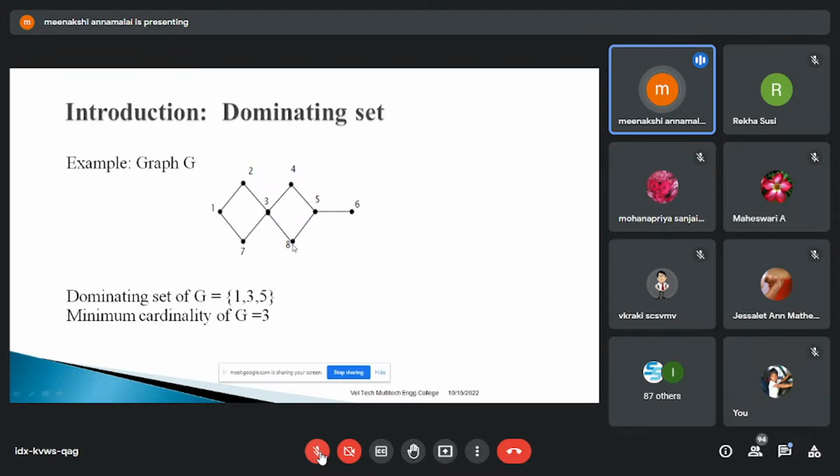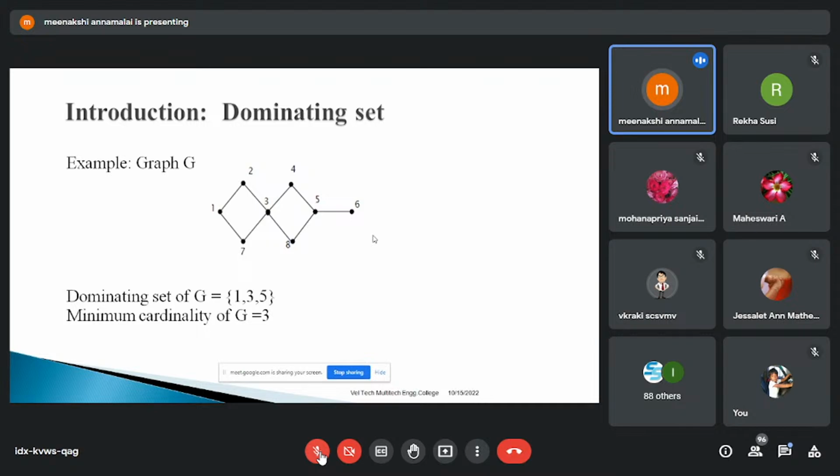Another one I can say {1, 3, 8, 6}. So we can list out more, but among these, the set which gives the minimum cardinality, that we take as the dominating set. For this one, {1, 3, 5} is the dominating set. You can take {1, 3, 6} also. So the domination number of this G is 3.